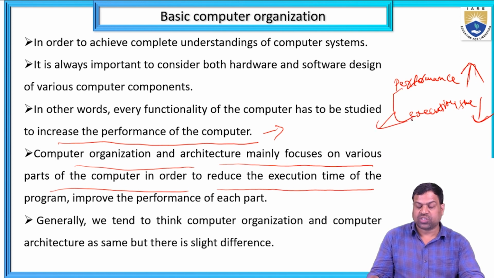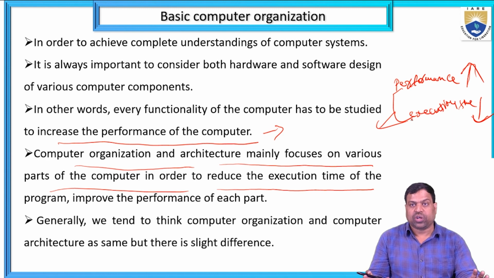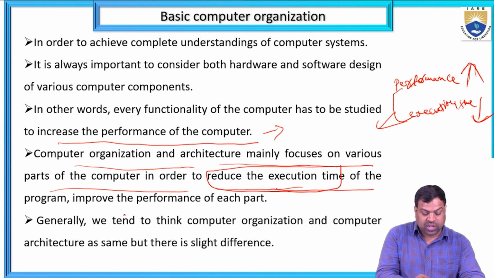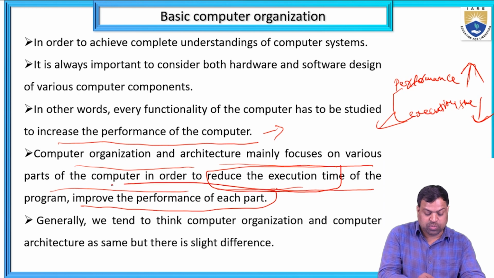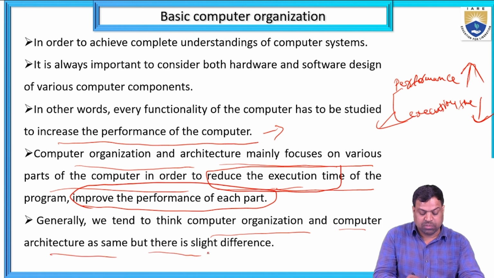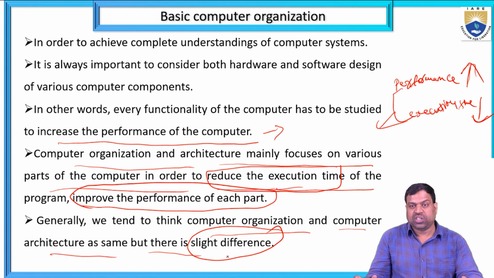So that is a good computer system. It focuses on various parts of the computer to reduce the execution time and improve the performance of each part. So that is the main thing. The computer organization and the computer architecture are the same, but there is a slight difference. Both are used in the computer system, but slight differences are there.